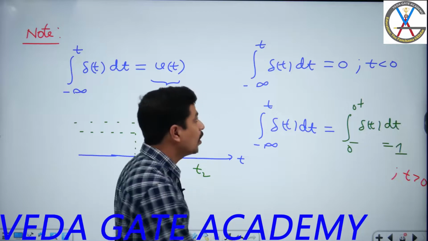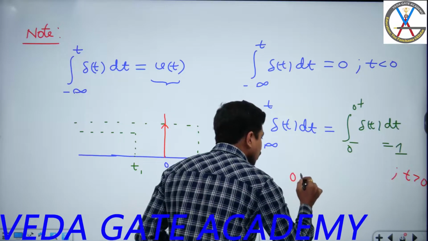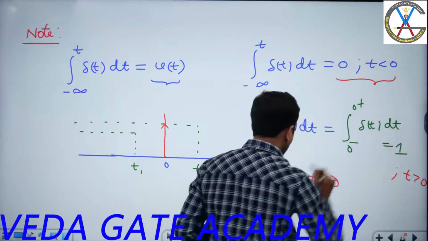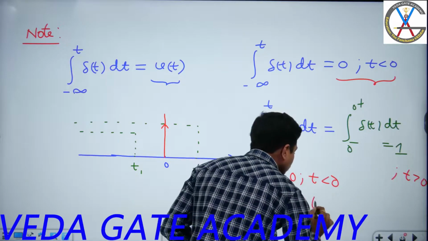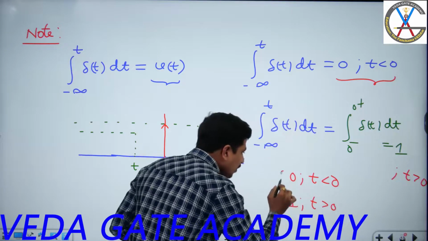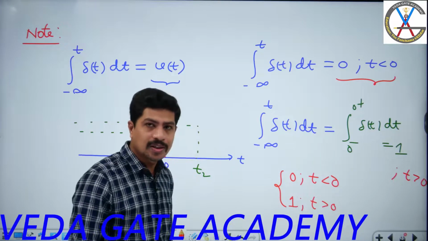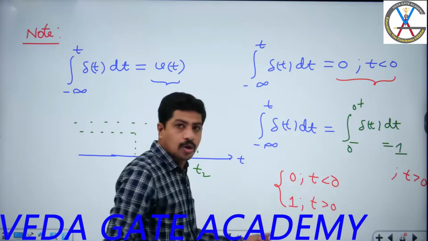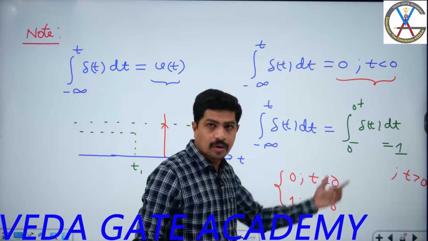Now the signal is equal to 0 for t less than 0 and equal to 1 for t greater than 0. Which signal has this definition? The unit step signal. Yes, u of t is equal to 0 for t less than 0 and u of t is equal to 1 for t greater than 0. So we got u of t.